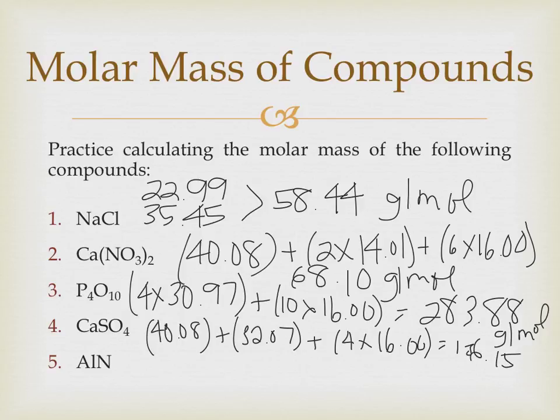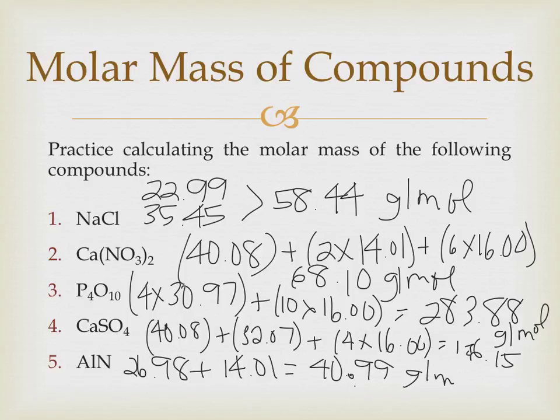And lastly, aluminum nitride. Well, 1 aluminum is 26.98 plus 1 nitrogen is 14.01. 26.98 plus 14.01 gives us 40.99 grams per mole. So that's just some review.